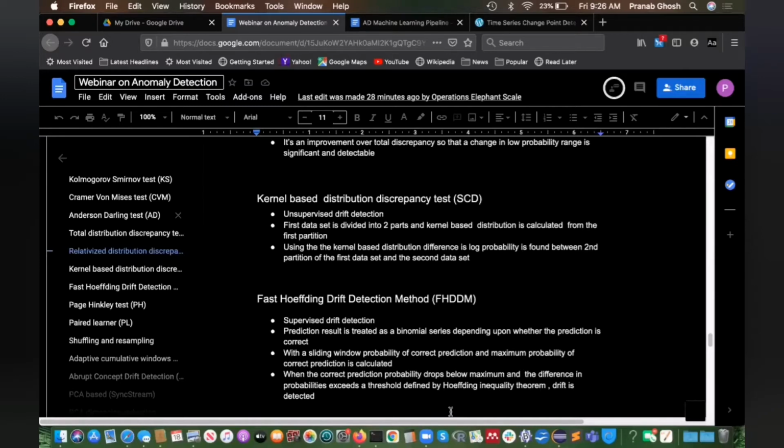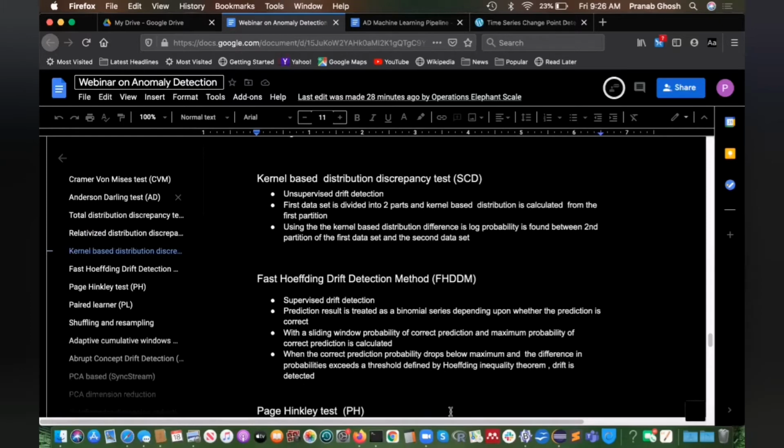It's as if it's fitting some distribution with the first one, and then seeing how well the second data set fits with that kernel-based distribution. If the fit is poor, that means the second data set comes from a different distribution. So that means there has been drift.